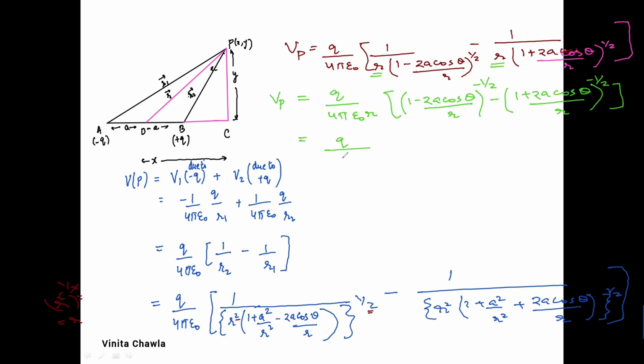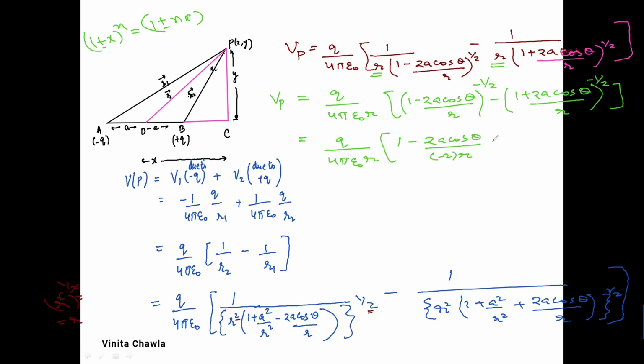So Q upon 4 pi epsilon naught r. Here we can apply binomial expansion, which says that if we have (1 plus or minus x) raised to the power n, we can write this as 1 plus or minus nx. So in place of x we have 2a cos theta by r, and n is minus half. So we can write 1 minus, with n as minus half, 2a cos theta divided by minus 2.